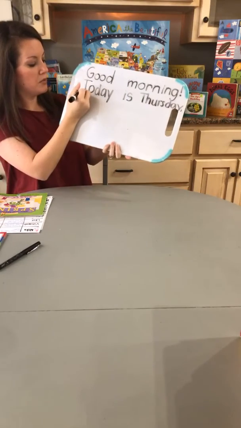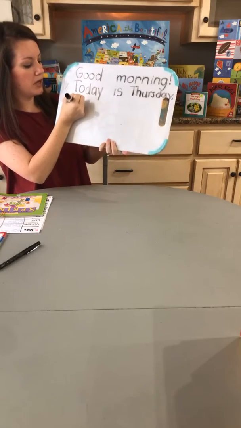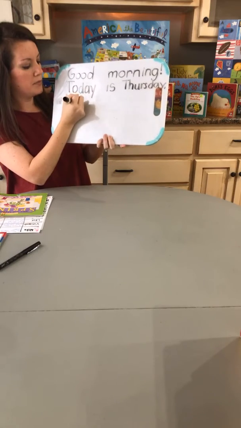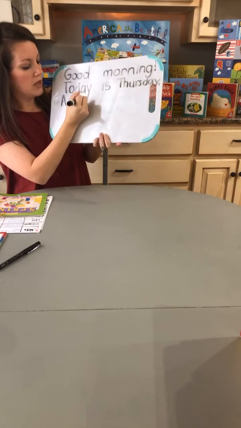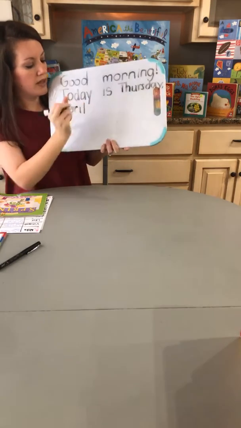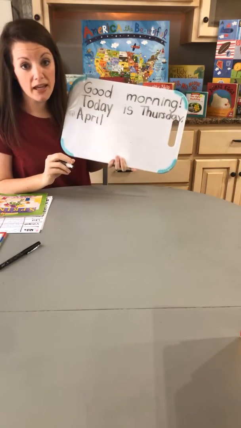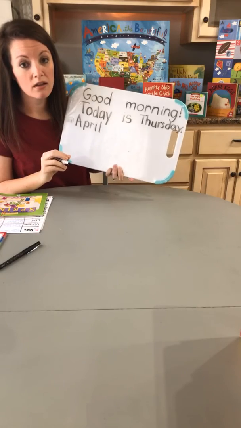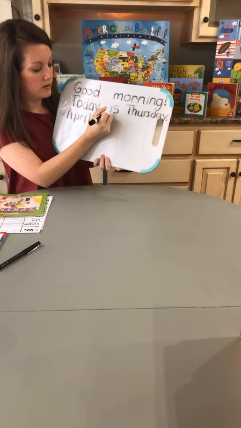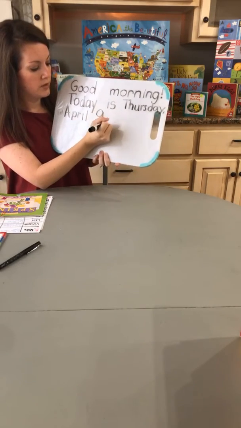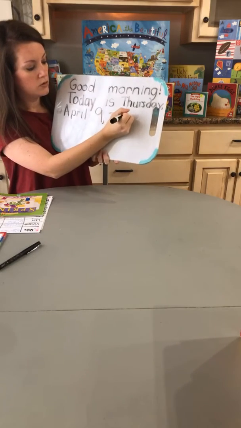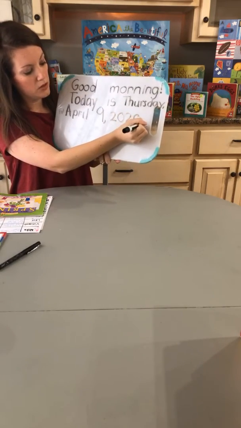And that's the name of the month, so the A gets to be uppercase. April. Yesterday was April the 8th. So that means today is April the 9th. That's right. 2020. Period.